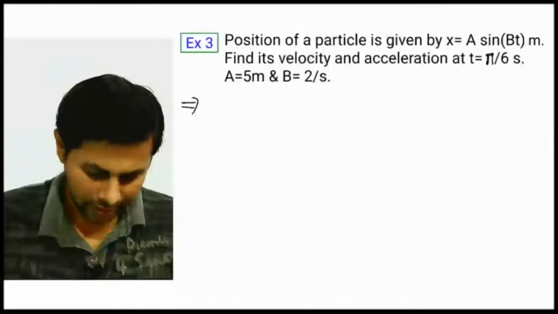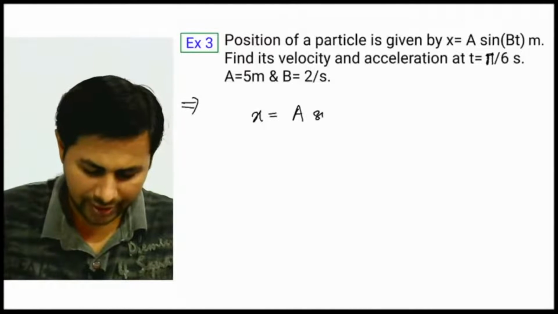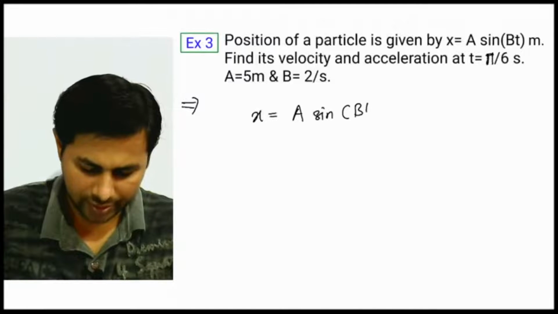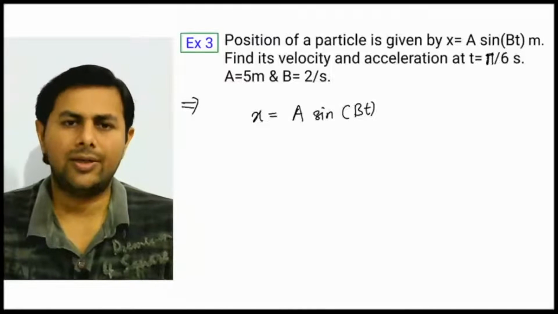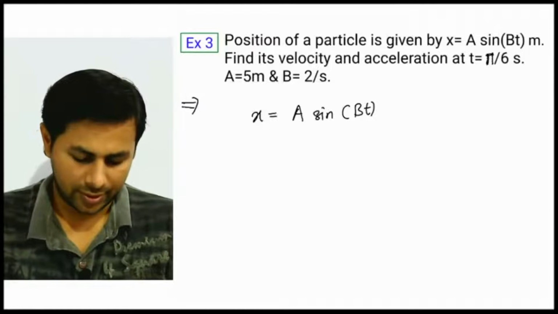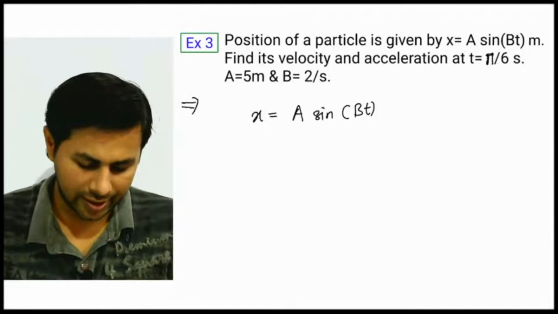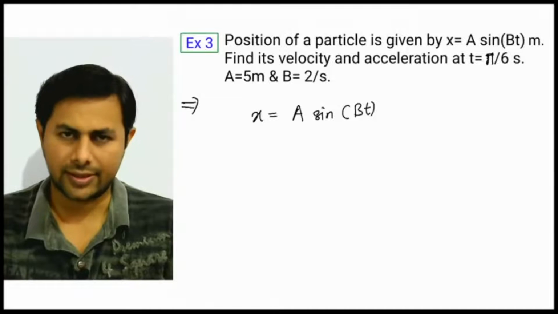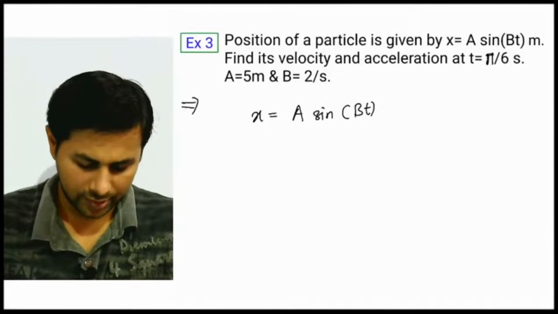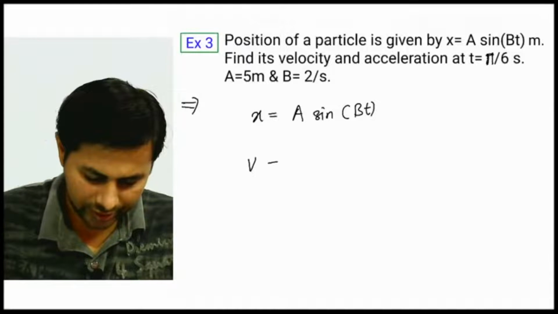So we have x equals a times sine of bt, and we want to find out velocity and acceleration of this particle at some time t equals pi by 6 seconds. Okay, so we know that velocity is dx by dt.